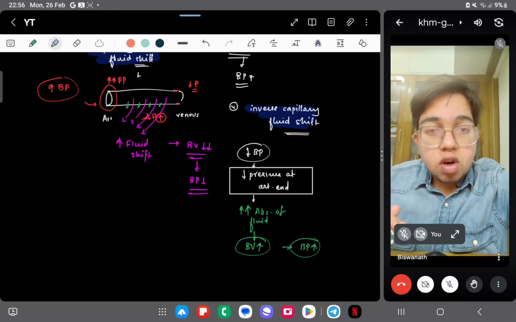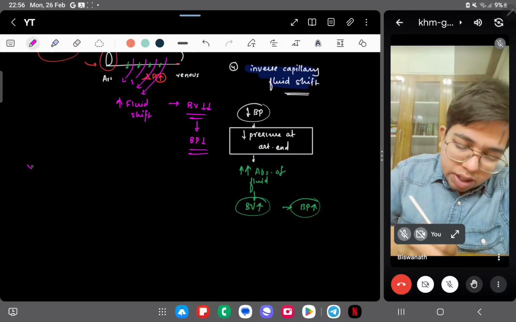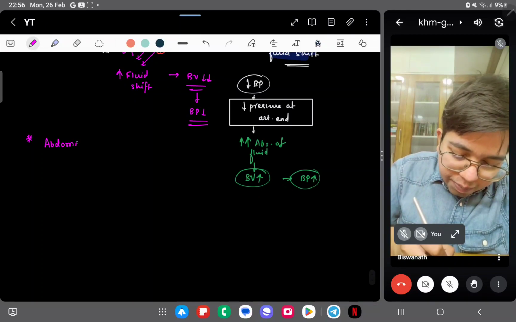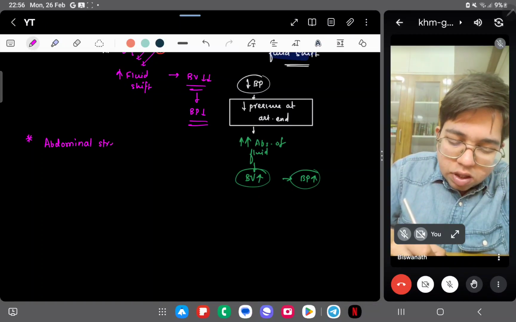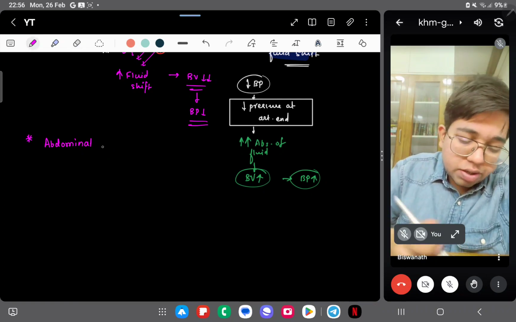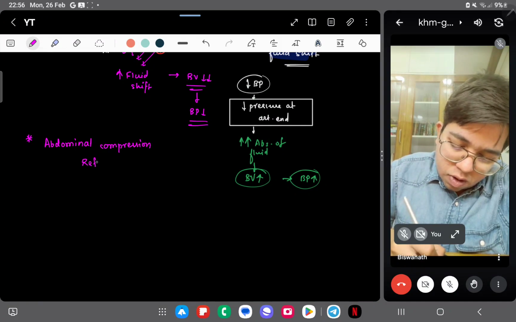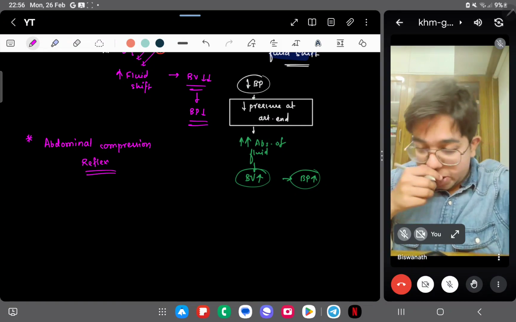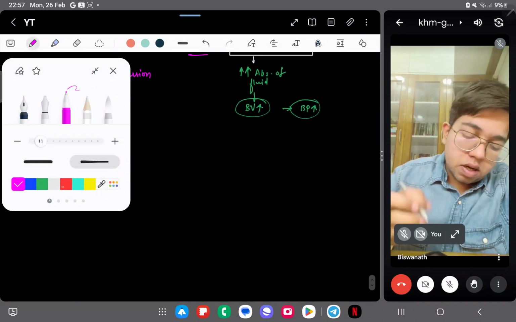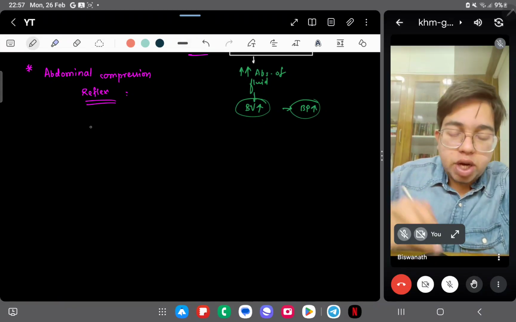We have something also called the abdominal compression reflex, which is not much important. Still, I'm discussing it in the short term mechanisms. Abdominal compression reflex. In the abdominal compression reflex, let's say due to any cause your VMC is stimulated.